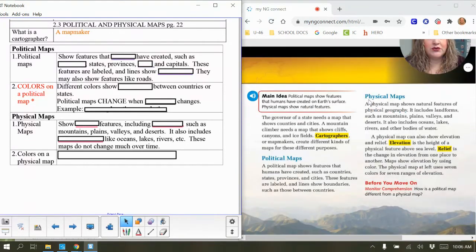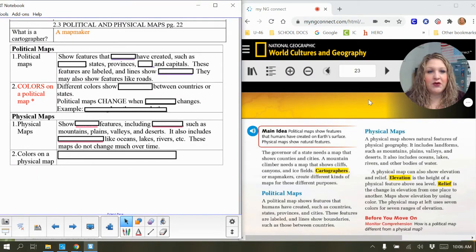And we are going to move on to political map information here. We are going to be filling in the blanks from what we see over here in the text. A political map shows features that humans have created, such as countries, states, provinces, and cities. These features are labeled and lines show boundaries such as those between countries.